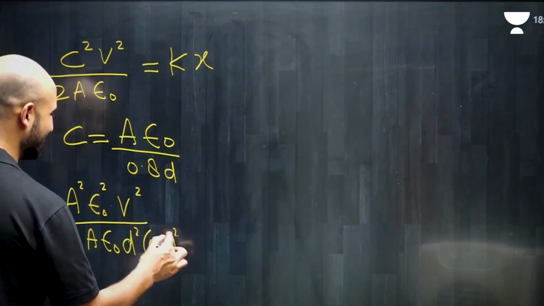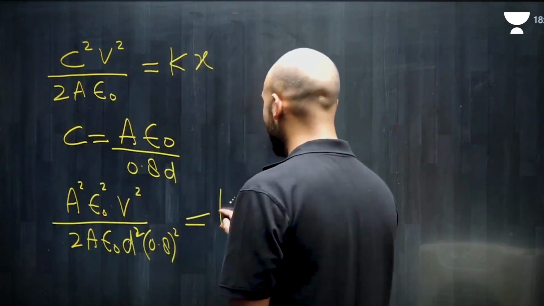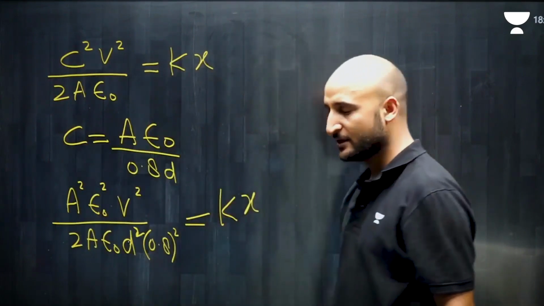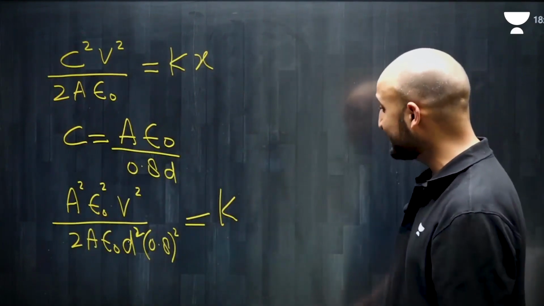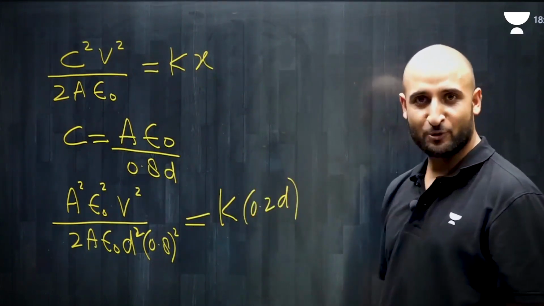I hope you got what I did here. That's a simple calculation, and that's equal to K into X. I can put the value of X as well, that's 0.2 D.